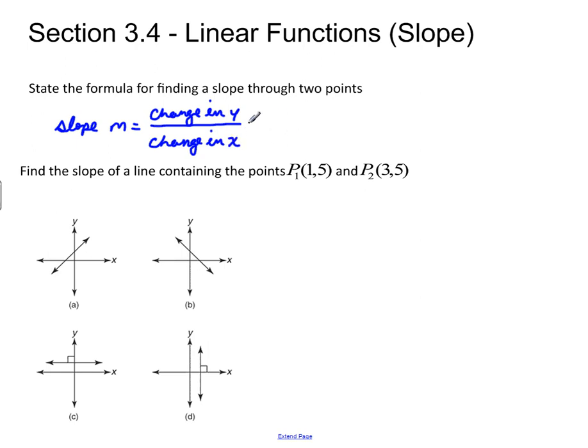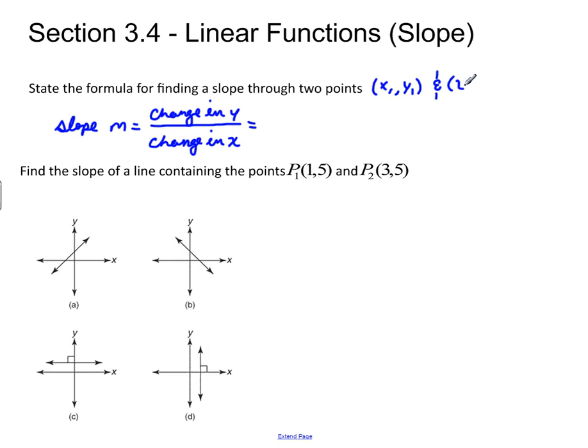Okay. How do we get those changes? Well, a change is actually just a measure of difference. That is a subtraction. So if we've got 2 points, we'll call them x1, y1, as we have in the past. And we'll call the other point number 2.